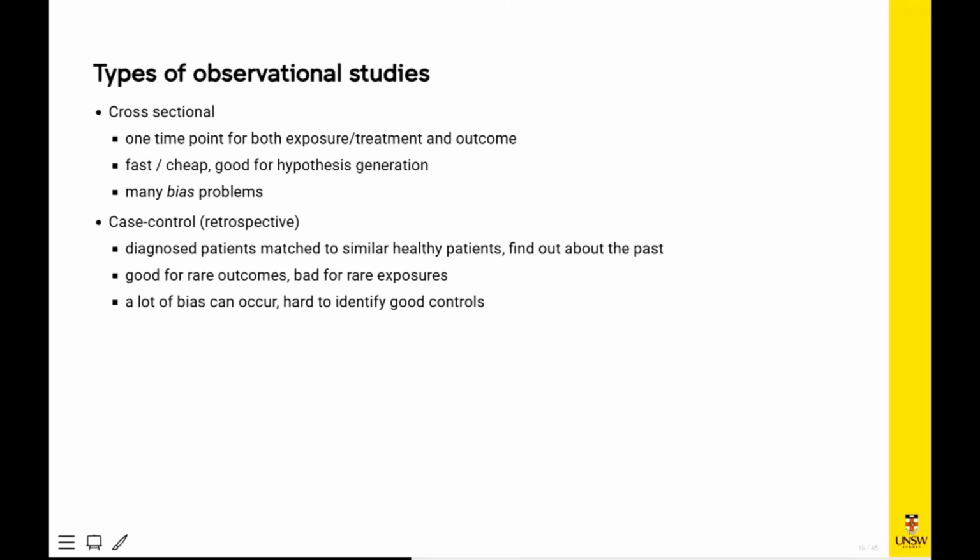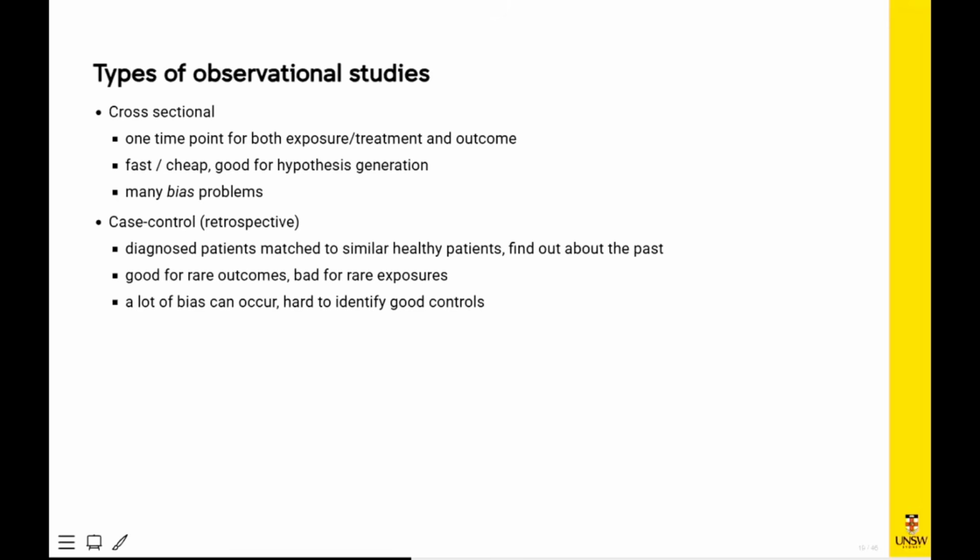Case control, this is a retrospective observational study where you're sort of starting out at the end. You're starting out defining your samples based on the outcome. So this is really popular in public health and medical research, where you choose your sample based on cases, which are people who have a particular diagnosis or medical condition or some sort of surgical procedure, and those who do not have that outcome.